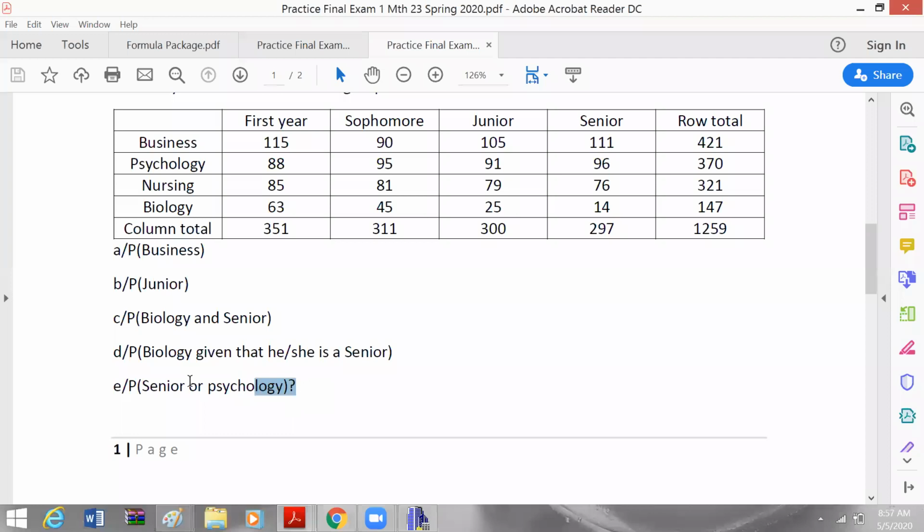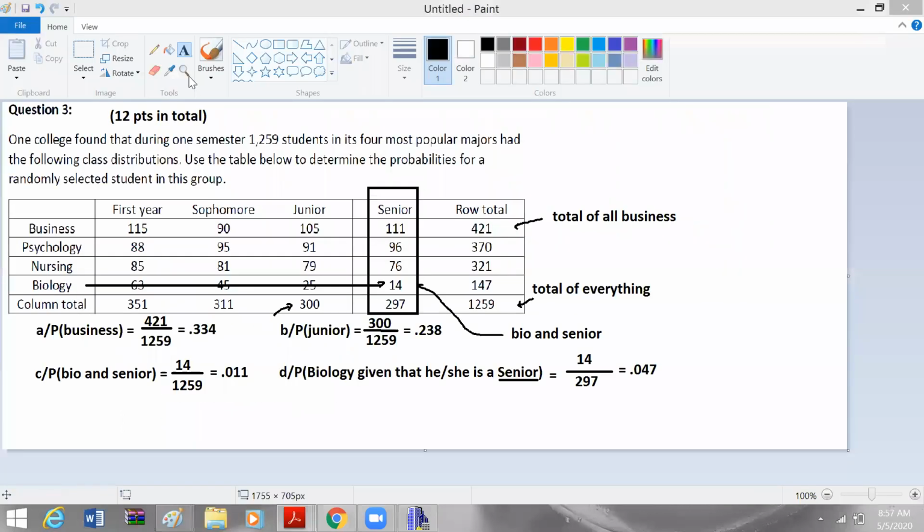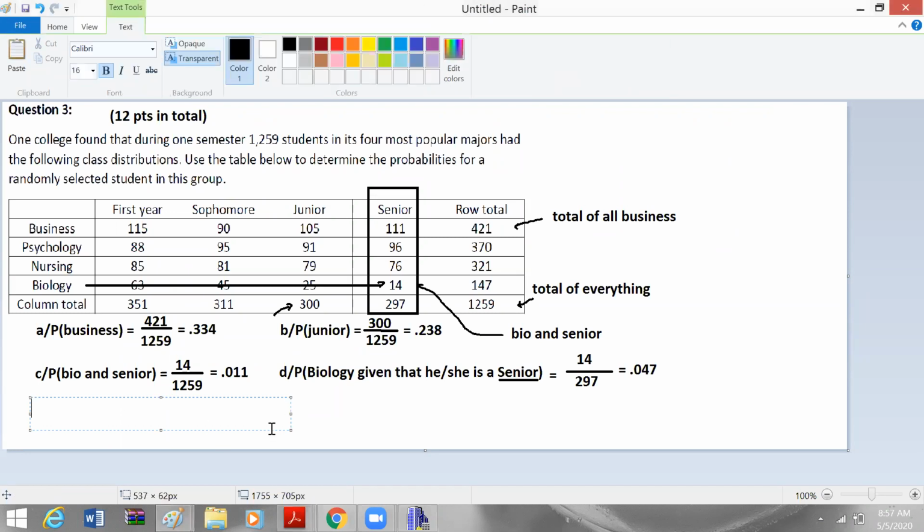Okay. So finally, we're going to have the last question. What is the probability of the senior or psychology? So for this part, you're going to add up the two big ones, and then we subtract the smallest. In other words, senior or psychology. So let me just copy and paste this question first and let you know what it is.